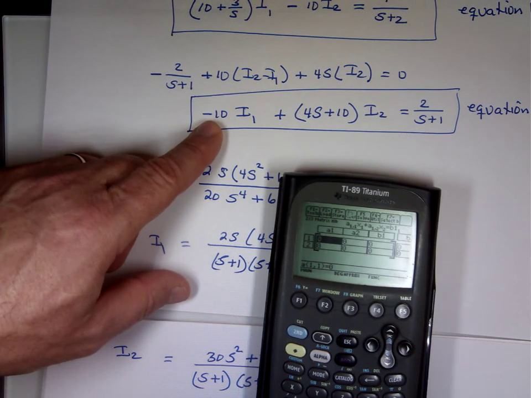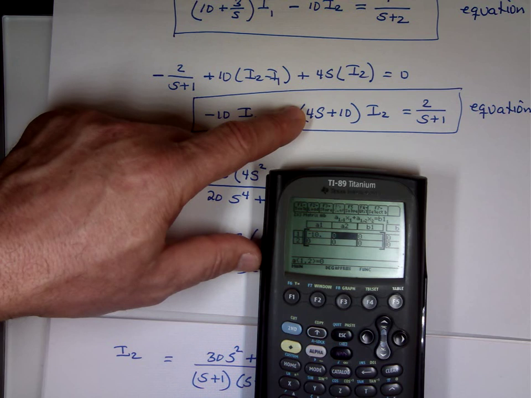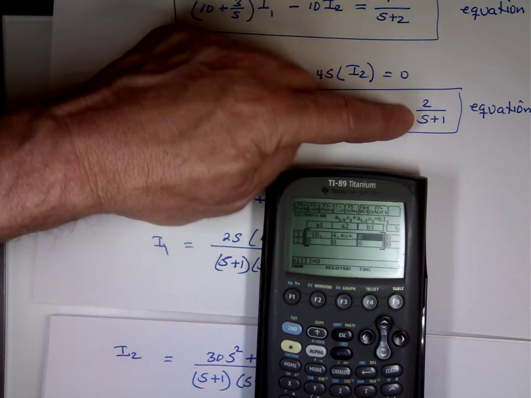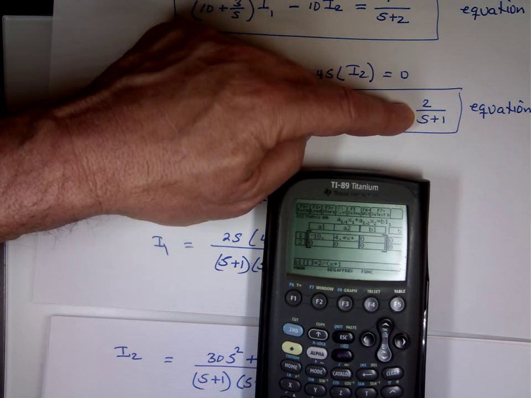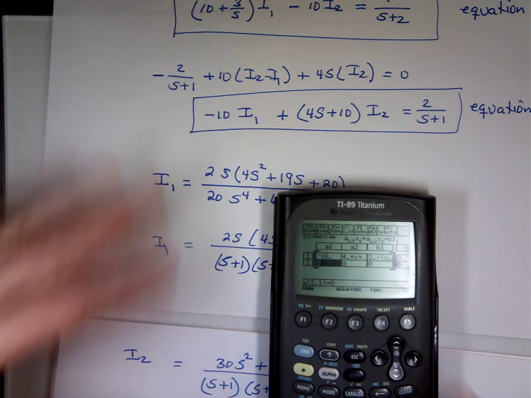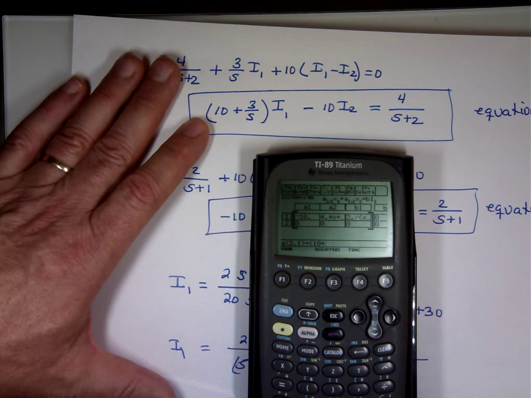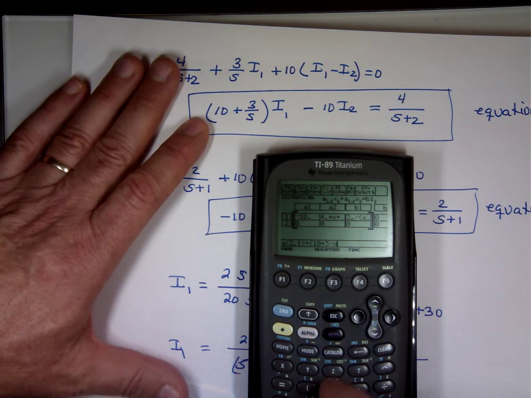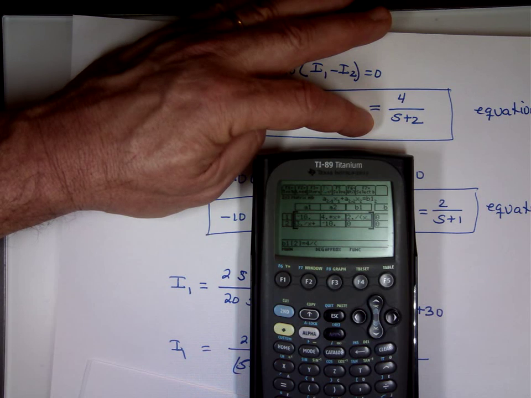There's the first equation: 10 plus 3 over x, negative 10, 4 divided by parentheses x plus 2. I'm using x again in place of s. The second equation: negative 10, 4x plus 10, 2 divided by parentheses x plus 1.